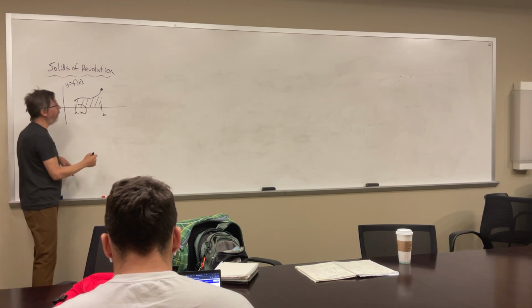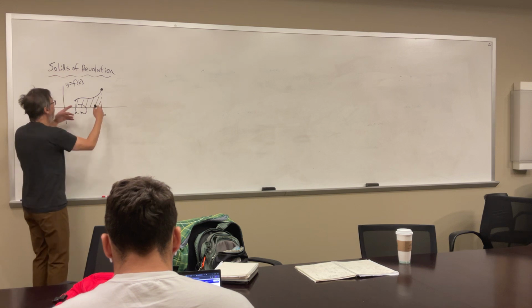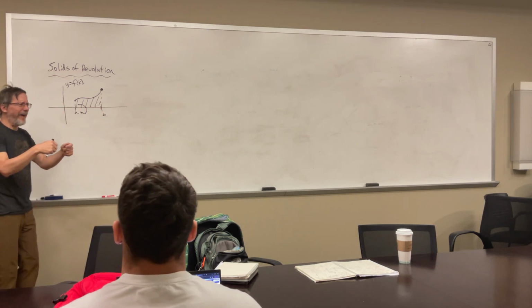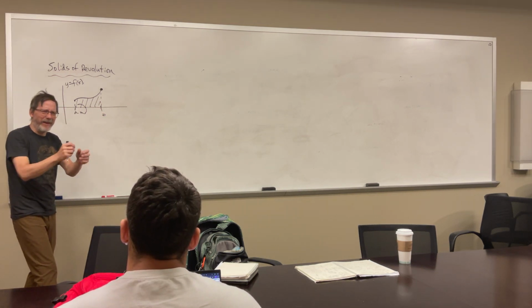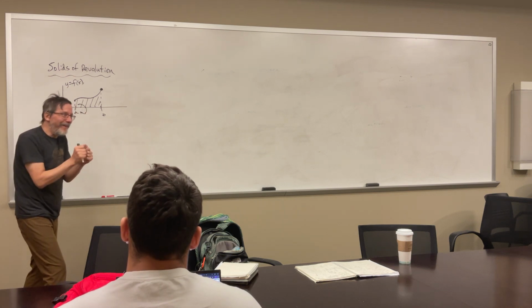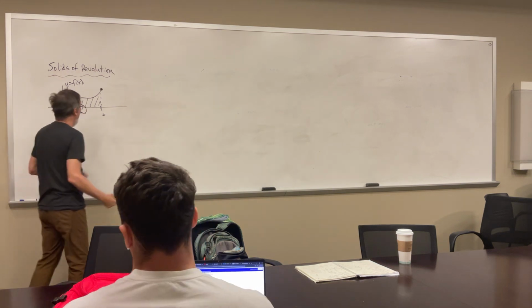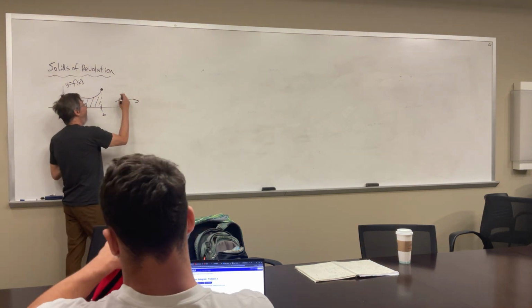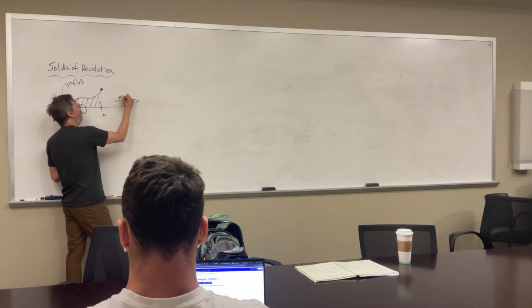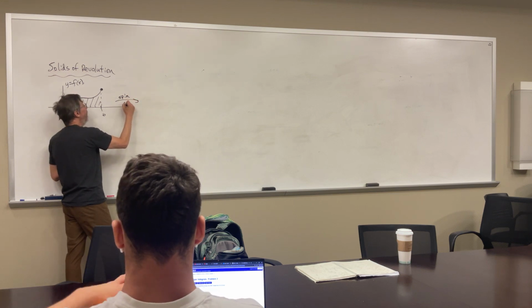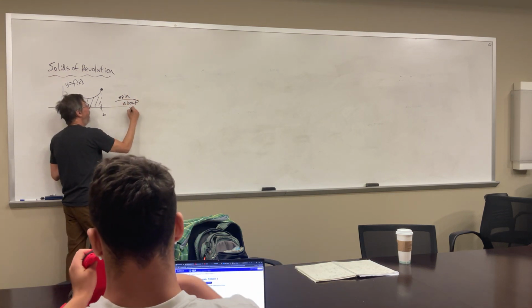And when we do that, we're going to produce a solid. Just imagine those decorations you get out on the table at Thanksgiving that spread open like accordions. That's basically what's going to happen here, except it's going to be a nice solid thing. So we're going to spin or revolve about the x-axis.